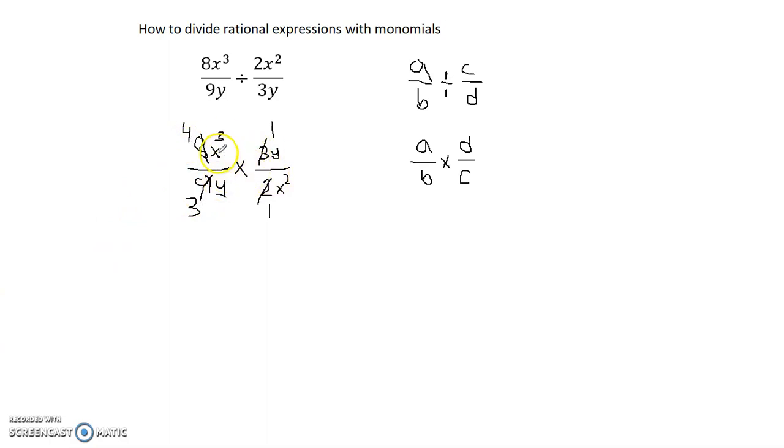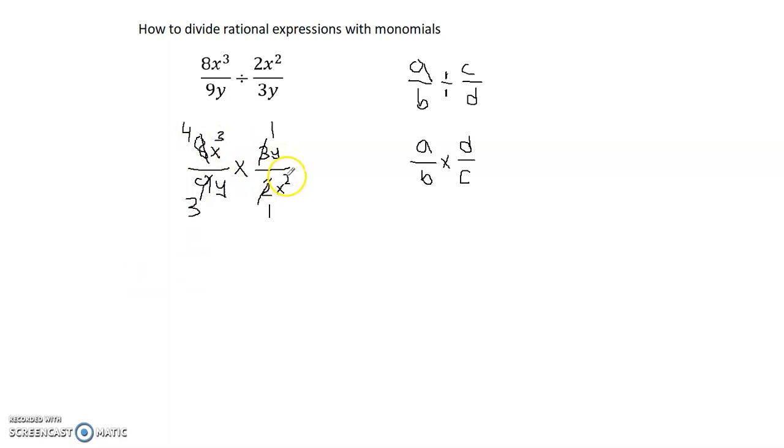For the variables, we have x cubed and x squared. Since x cubed is being divided by x squared, that means we have to subtract the 2 from the 3. When you're dividing variables, the exponents, you subtract those.